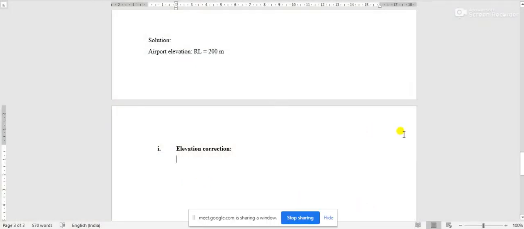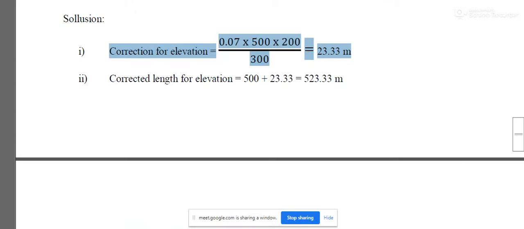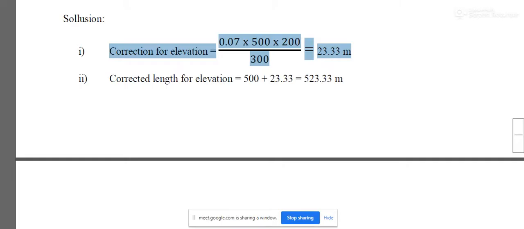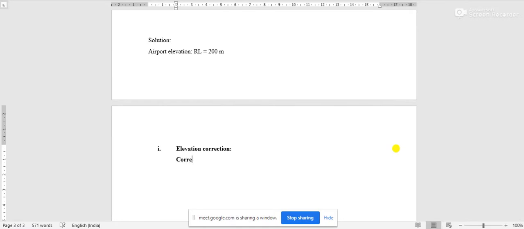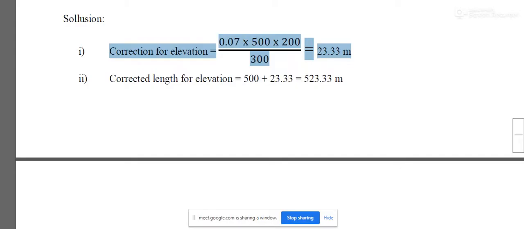That is 7% per 300 meter. That means the correction for elevation, you may write down in your copy also: the correction for elevation is 0.07 multiplied by, per 300 meter.